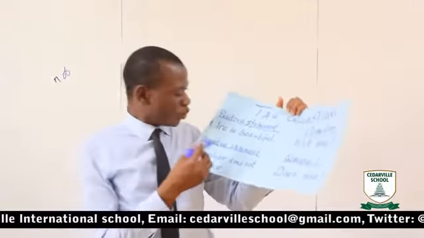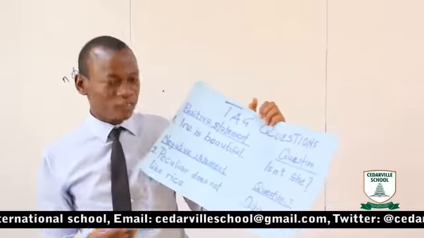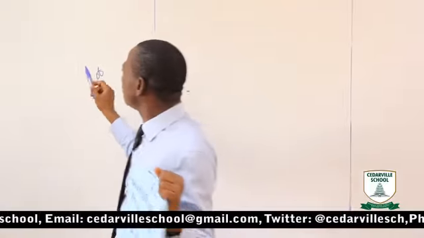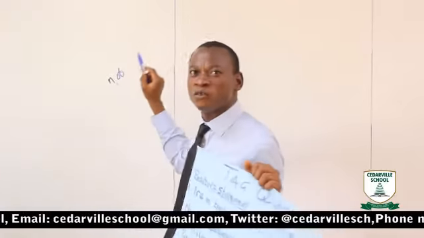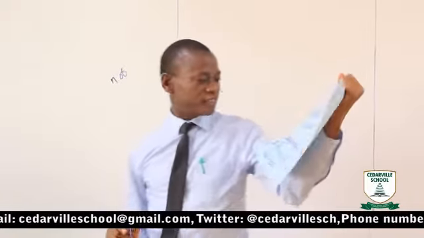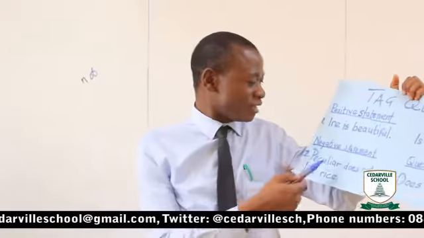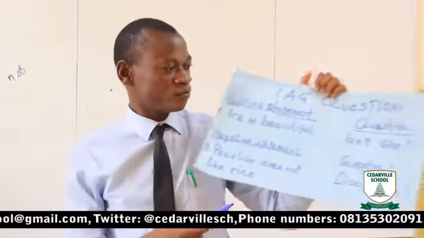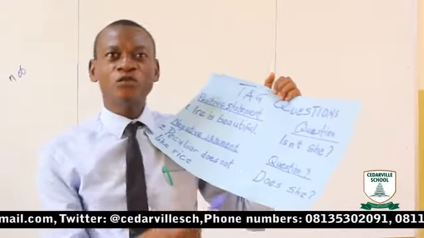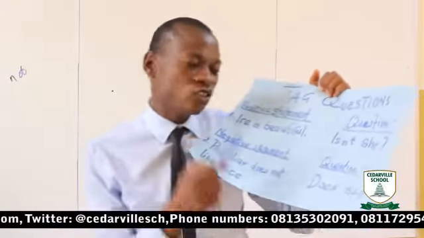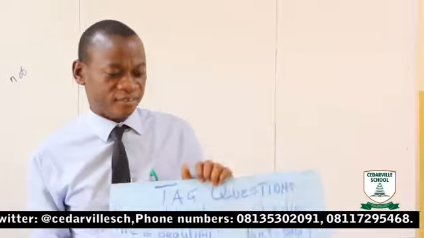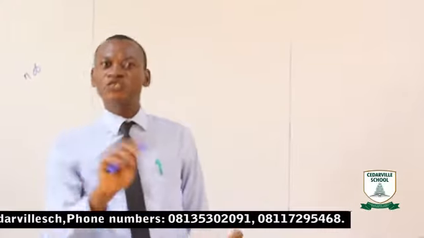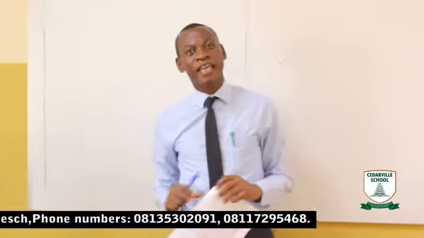Then we have another type of statement, which is negative statements. That is when a statement contains the word not. An example is, Peculiar does not like rice. The question to confirm that is, does she? So you have a little idea about the topic today.